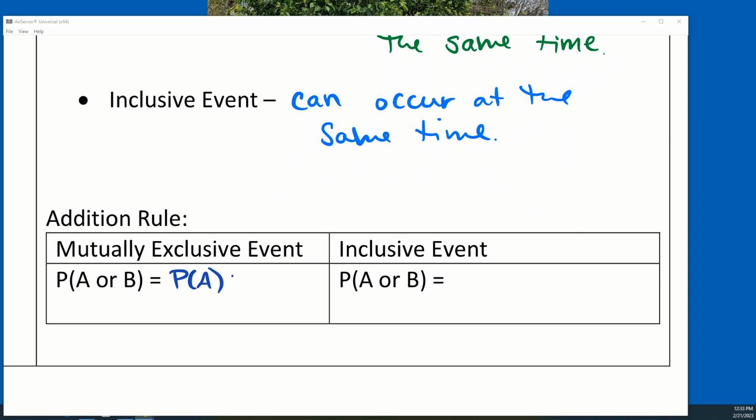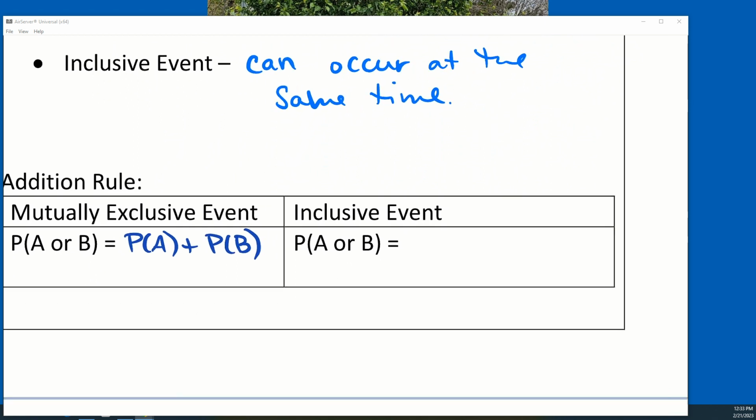The probability of A plus the probability of B. And if they're inclusive, like if they can occur at the same time, you're going to add, so the probability of A plus the probability of B. But because A and B can happen at the same time, some of those things were counted twice. So what you have to do is subtract the probability of A and B occurring.